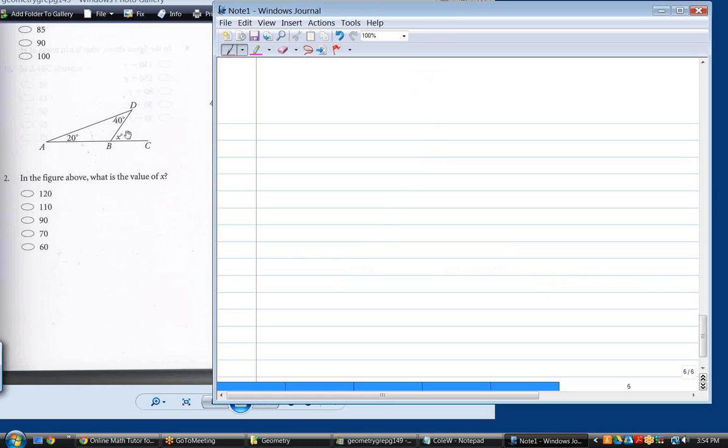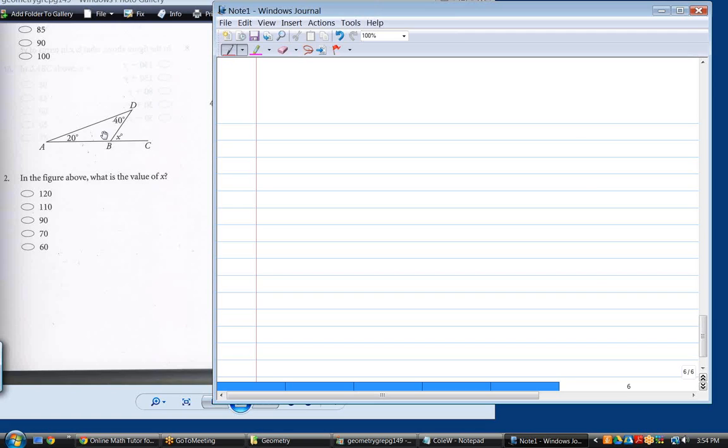What's this x? What's this angle here? Can you see where my hand is placed? Yeah, I see where it is. What's the sum of the angles of the triangle equal? 180.